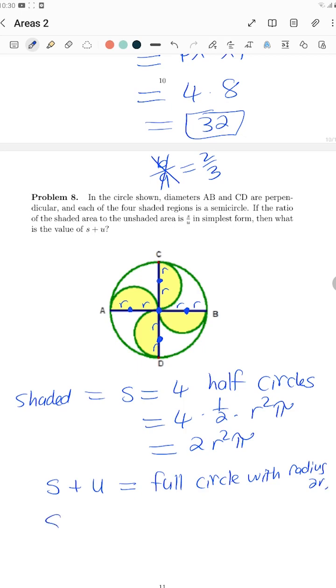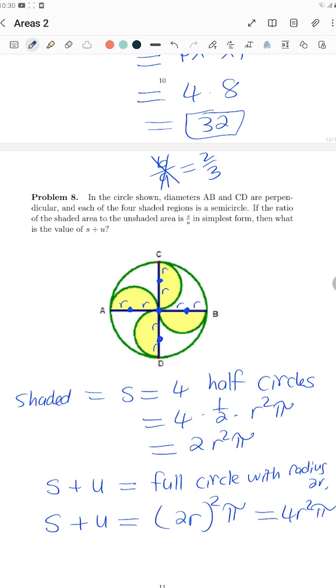So that means if we take the area of the shaded plus the area of the unshaded, that will be a full circle with radius 2r, so (2r) squared pi. So 2r times 2r is 4 radius squared pi. And so the shaded area plus the unshaded area must be 4r squared pi.